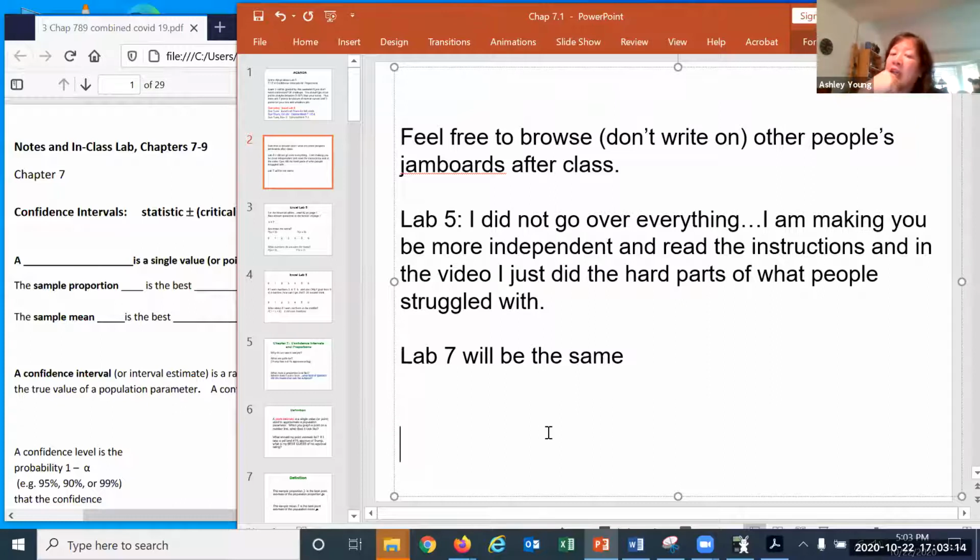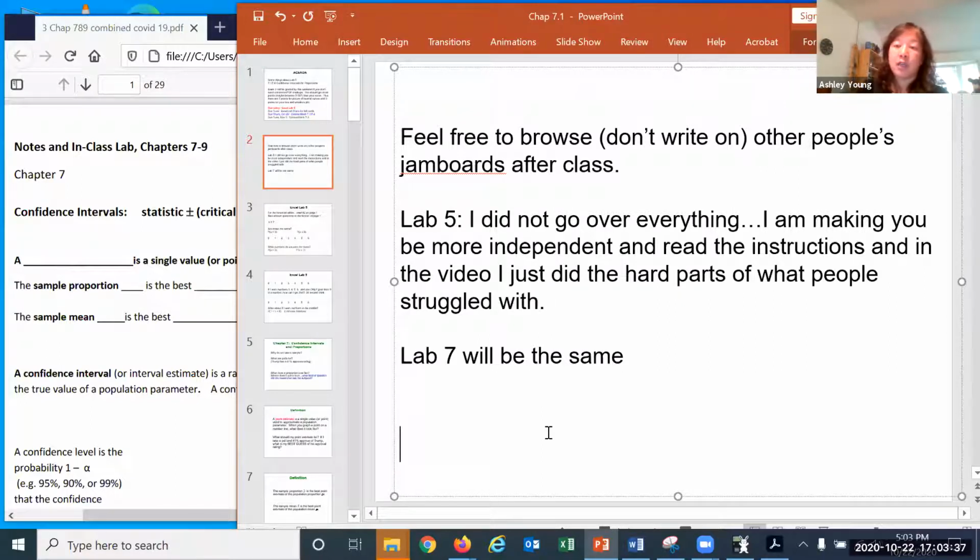Lab 5, I did not go over everything in Lab 5 in the video. I'm kind of making you be more independent. It's kind of neat. I've walked you through everything for the first 4. Now you kind of have a handle on Excel, and I'm going to have you be a little more independent. Read your instructions. A lot of people had trouble trying to figure out how to do the binomial graphing and stuff like that.